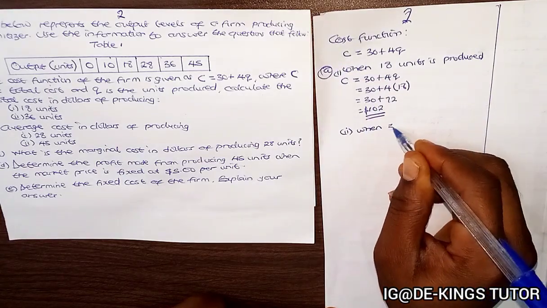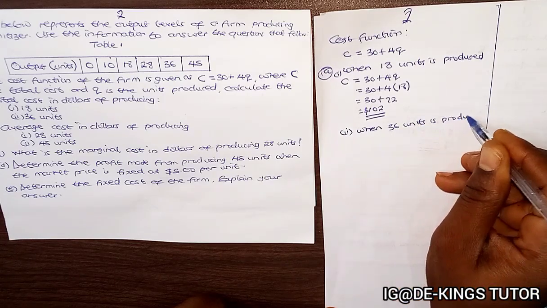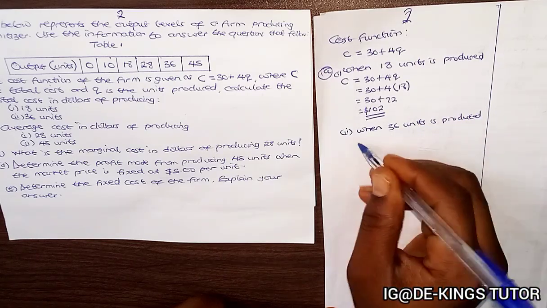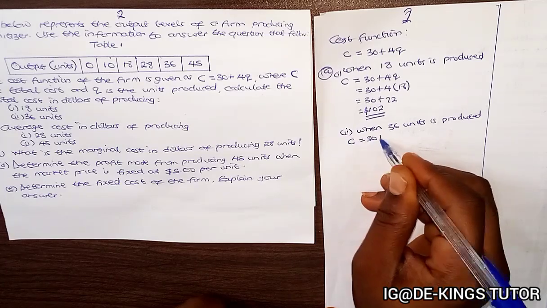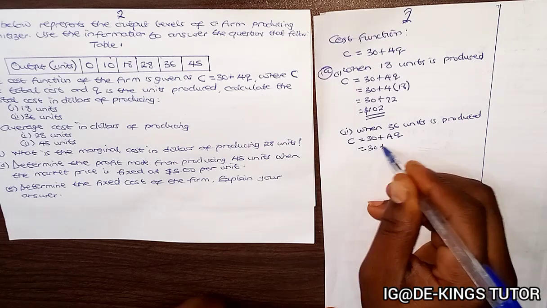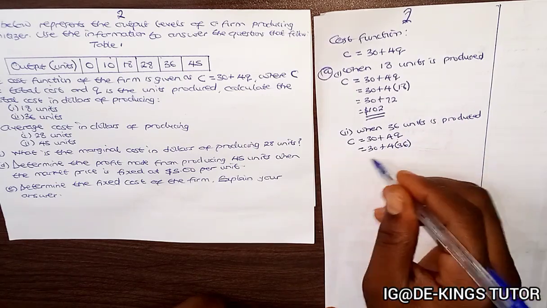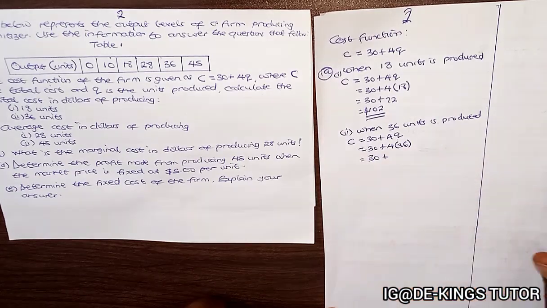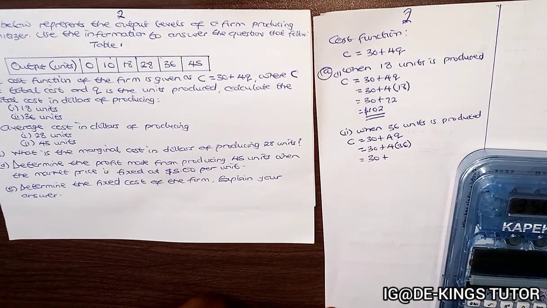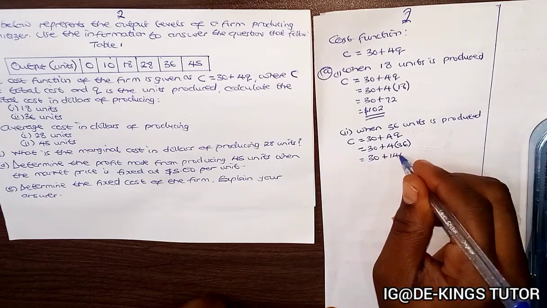So move to II. When 36 units is produced, we have C equals 30 plus 4Q. So we have 30 plus 4, our Q is 36. So I have 30 plus 4 times 36, which is 144.